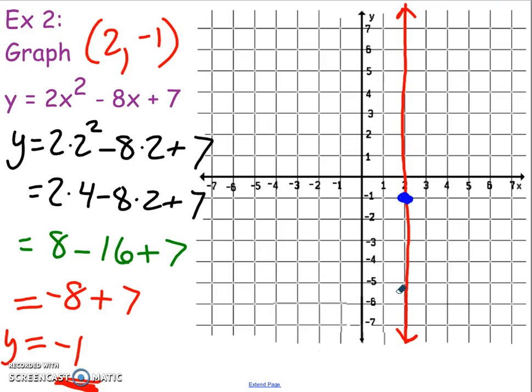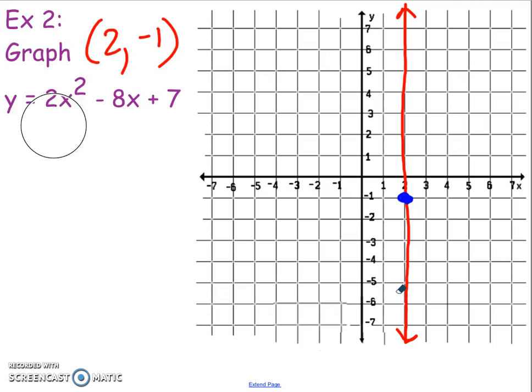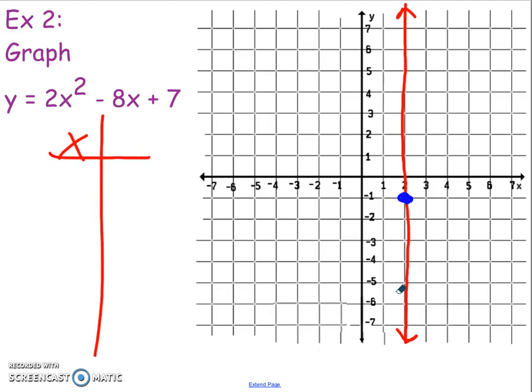Now I'm going to pick some x values to substitute in. So I've got 2 for my x value. I'm going to choose 1 and 0 because those are pretty easy numbers to substitute in.